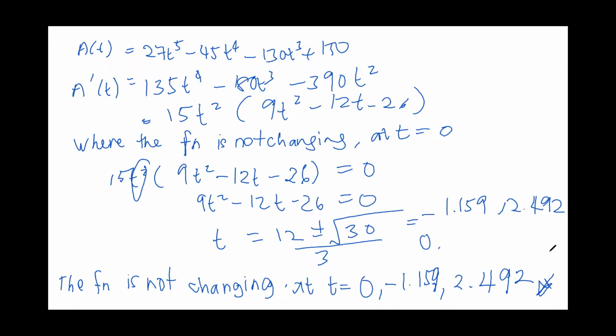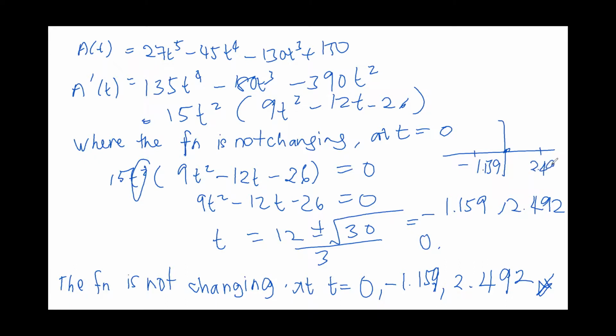So macam mana kita nak tahu the function there after dia is not changing at 0, at negative 1.159 and also at 2.494 kan?